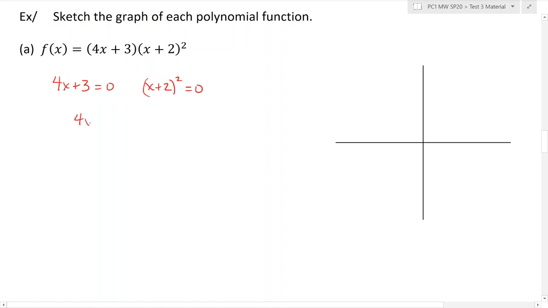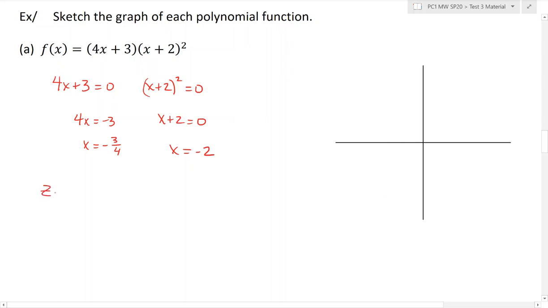So we have 4x is -3, x is -3/4, and here, taking the square root of both sides, we get x plus 2 is 0, and x is -2. So my zeros are -3/4 and -2.